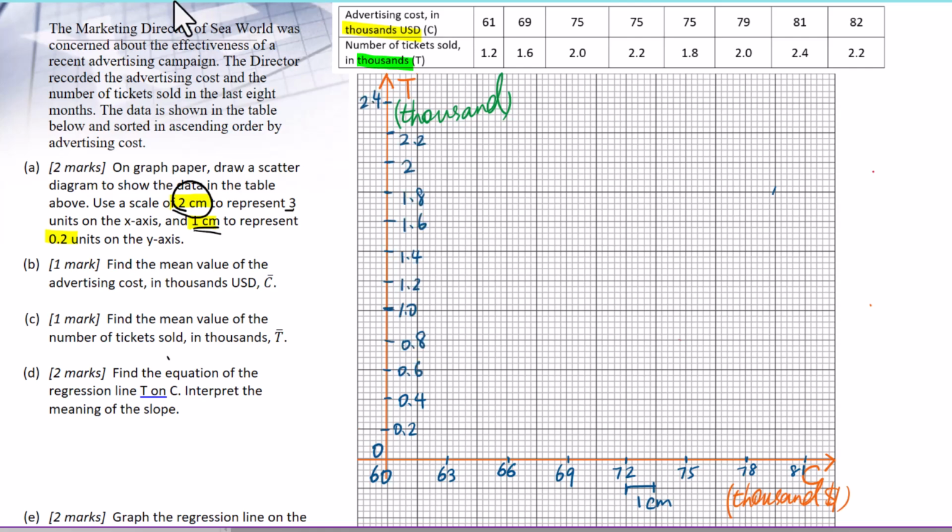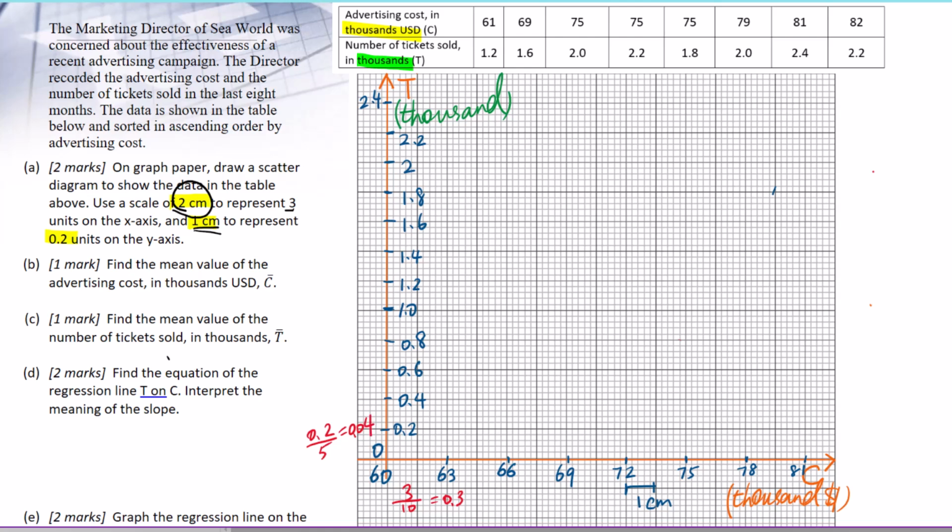Then you need to work out one small box represents how many units on the x-axis and on the y-axis. For the x-axis, 3 divided by 10 equals 0.3. For the y-axis, 0.2 divided by 5 equals 0.04.